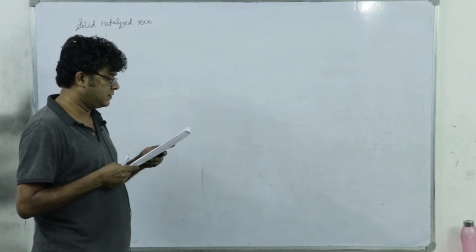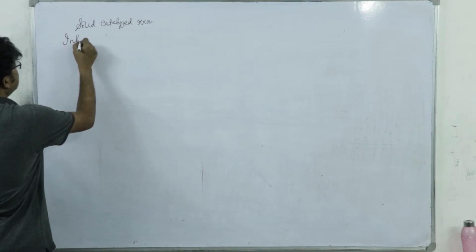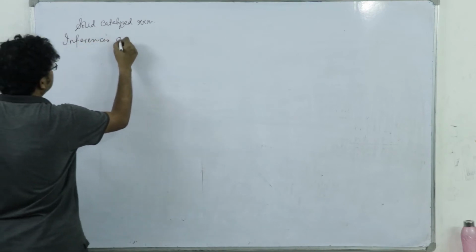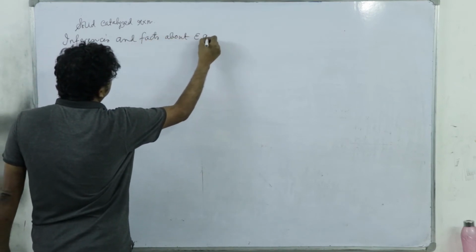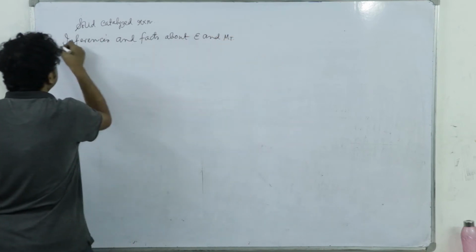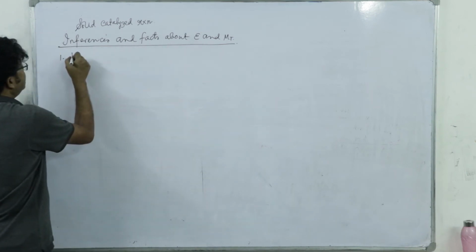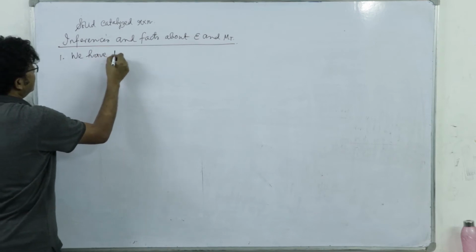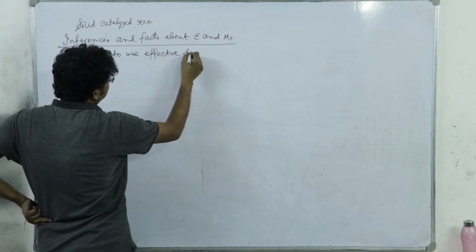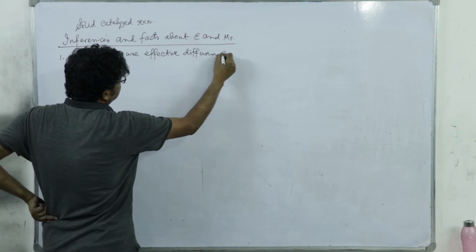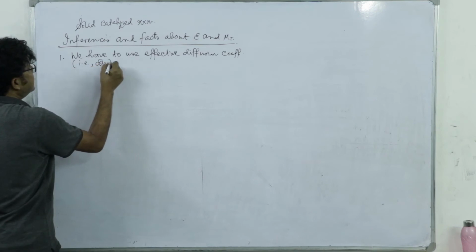So, first it is the diffusion coefficient. First we have to use effective diffusion coefficient, that is dE. Why?